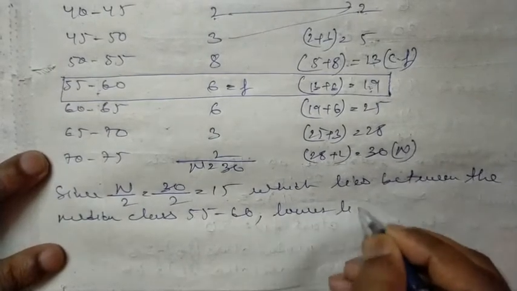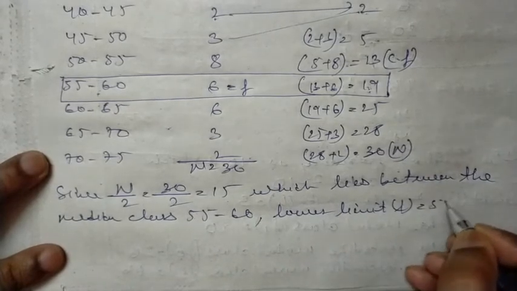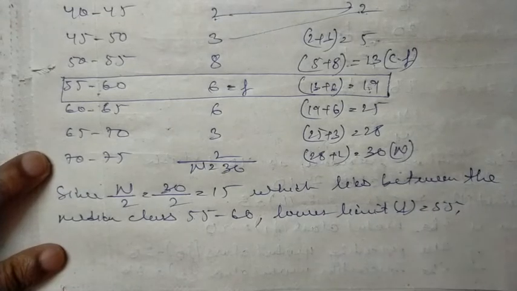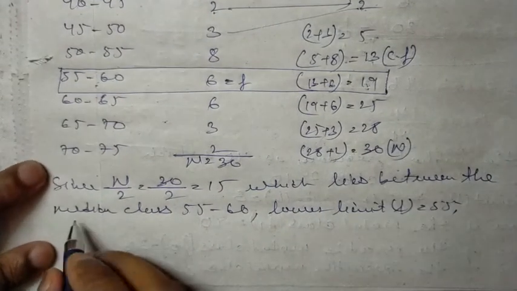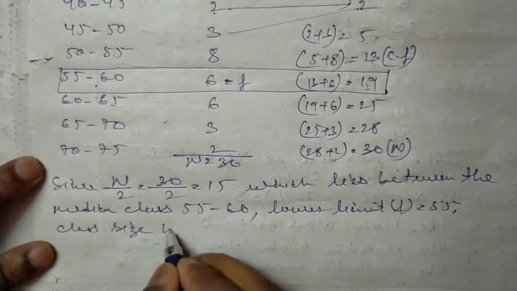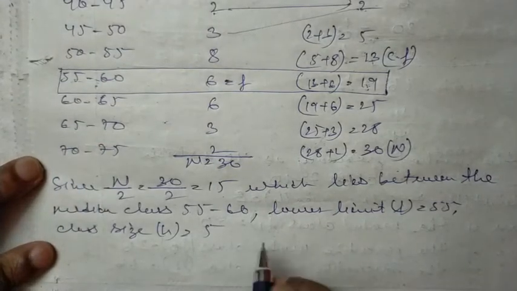Lower limit, that is L, will be 55. Class size, that is H, the difference between the limits, is 5.